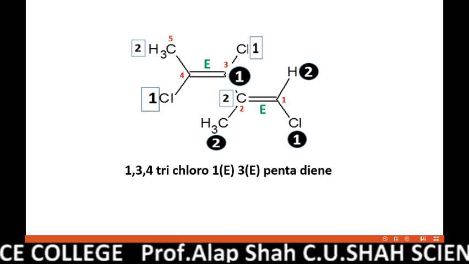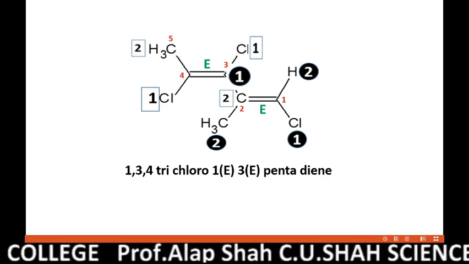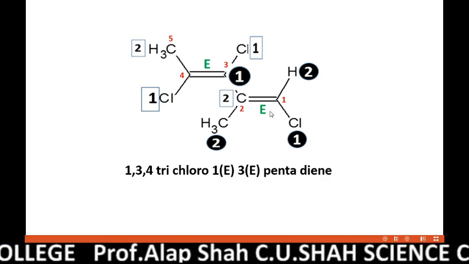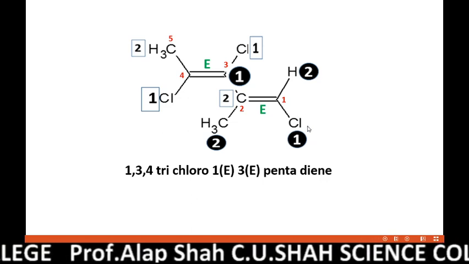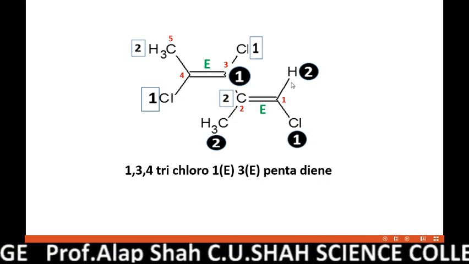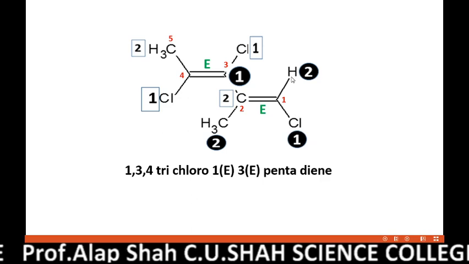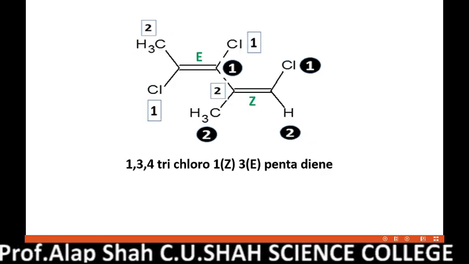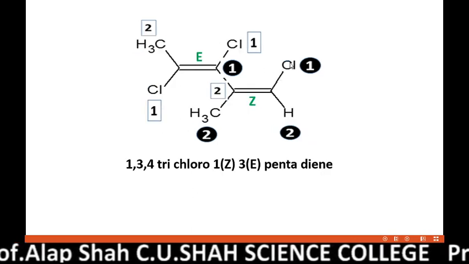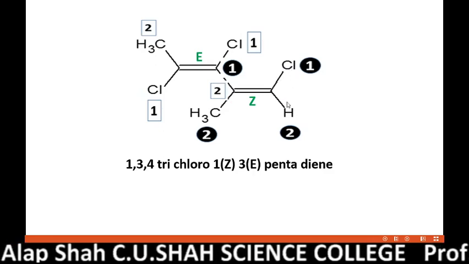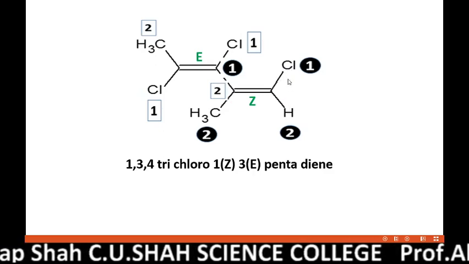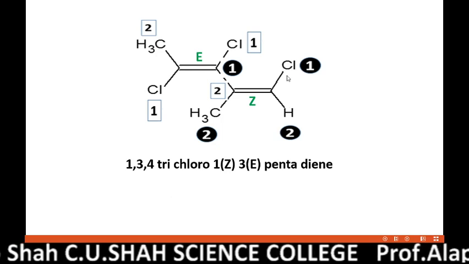Let us check the nomenclature of one of its isomers. This time I will only change the position of this chloro and hydrogen in the next slide. The remaining things I am keeping as they are. So now the positions of chloro and hydrogen are interchanged.